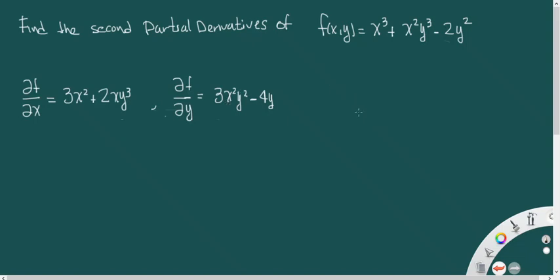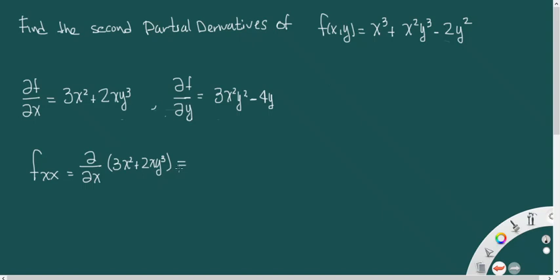Okay, so let's calculate the first one. Let's say that we need to calculate f sub x. And this is equal to, let me write it this way to avoid any confusion, x squared plus 2 times xy cubed.